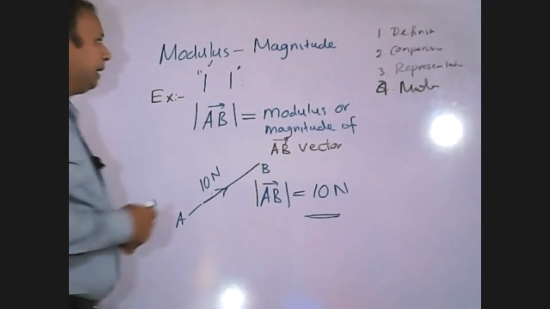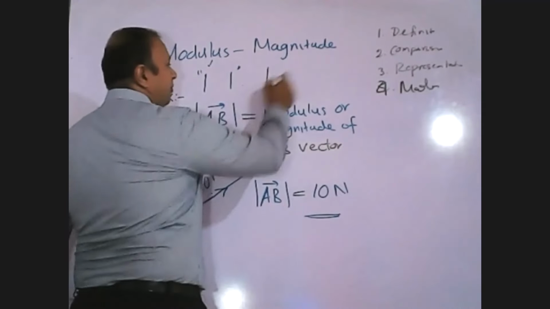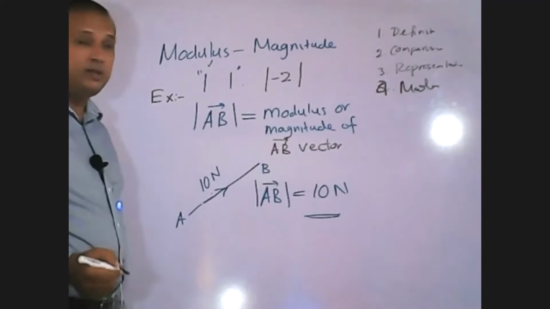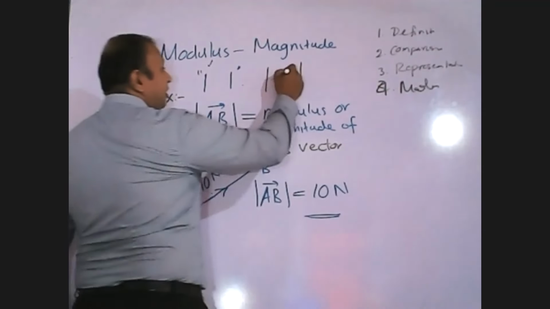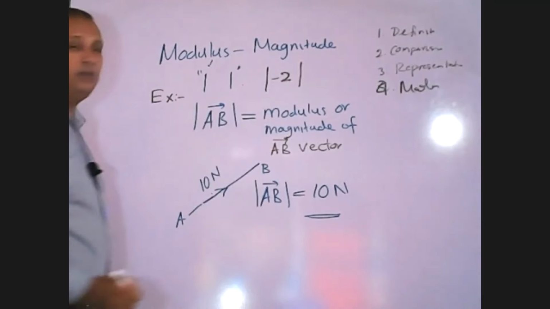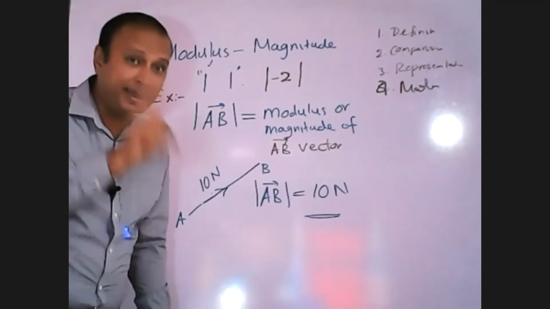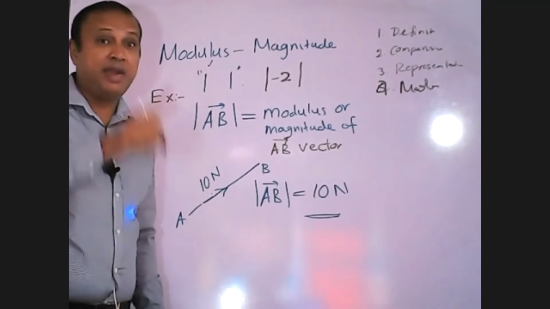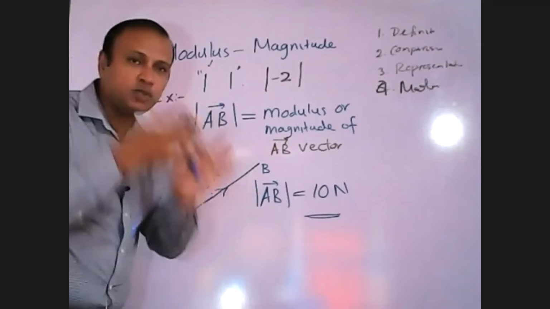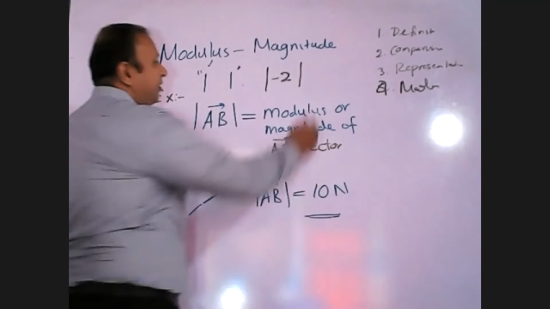Suppose we have to take the modulus or magnitude of -2. If you have this kind of symbol around the -2, that means you have to take the magnitude of -2. The magnitude of -2 is just 2. Okay.